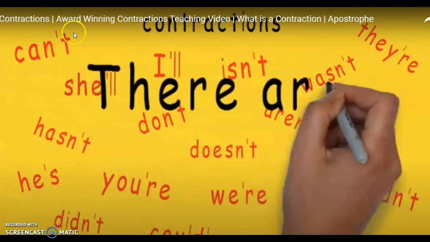Okay. So let me just stop here. So here, this was cannot. We deleted the O. I'll, it's I will. So I can cross letters from the word will. Don't, it's originally do not. Doesn't, does not. We're, it's we are.